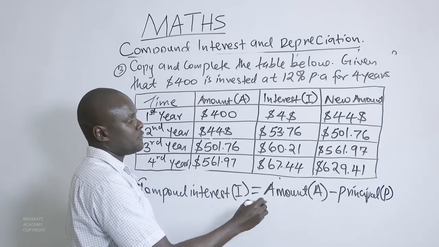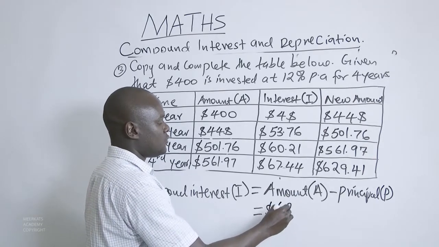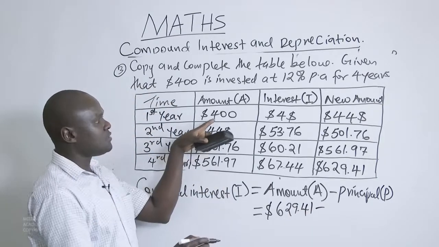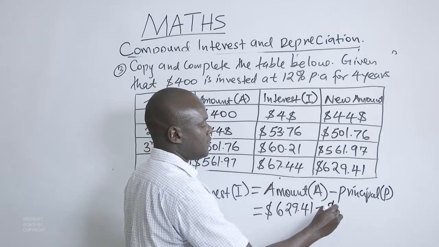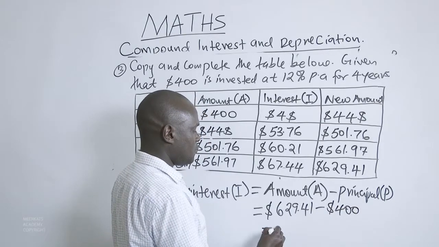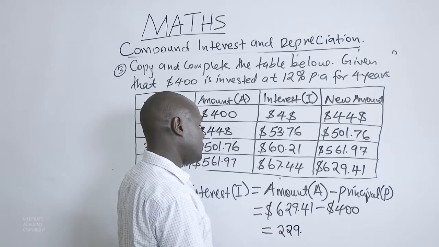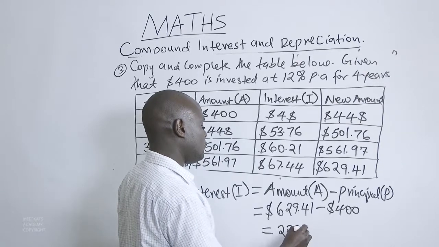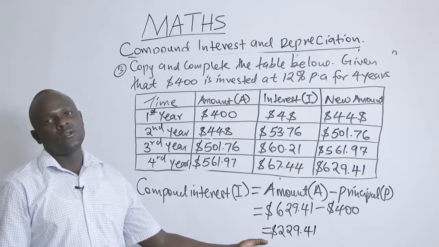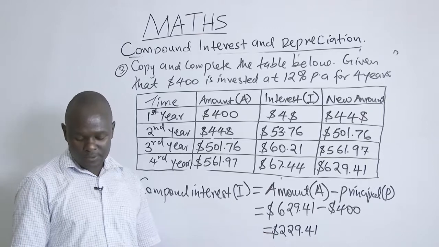This interest will be the difference between them, and this amount is 629.41 minus the principal that was invested. It was just $400, and this will give us an interest to the tune of $229.41. This is the compound interest that will be accrued over a period of 4 years.